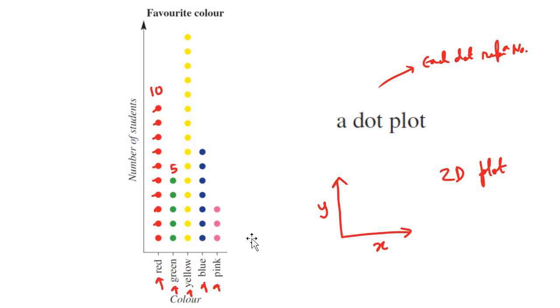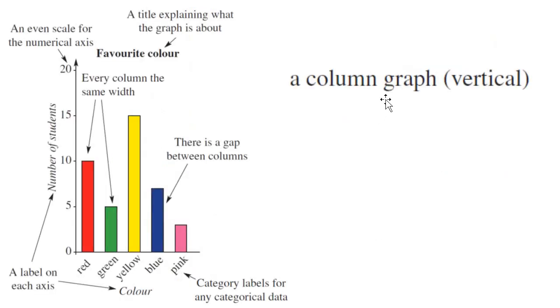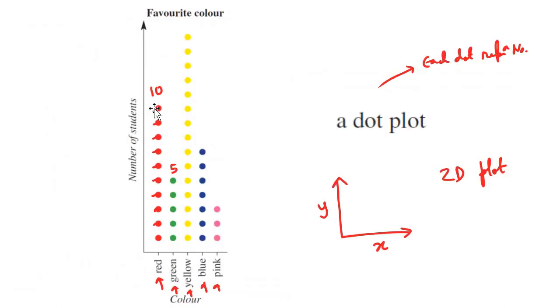Now let's see a different representation, which is the column graph. This one is vertical. You see red color again on the x-axis, and this time on the y-axis you can see the various markings: 0, 5, 10. So this bar's height is 10. Why? Because there were 10 students, as we saw in the dot plot.